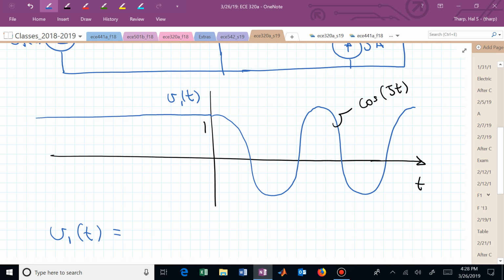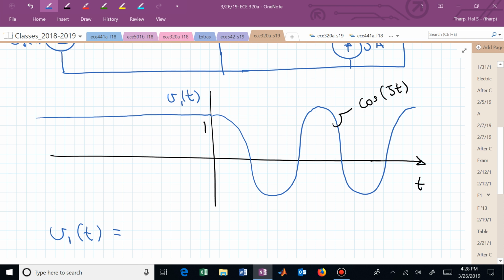A unit step for positive time is u of t. And that now says I'm 1 as long as my argument is non-negative. Now I want that to be 1 when t is negative. Well, if I do negative t in my argument, then it will be on for all negative t.